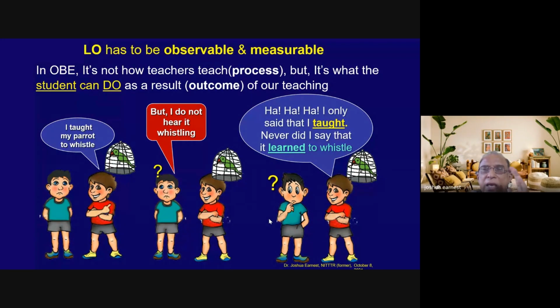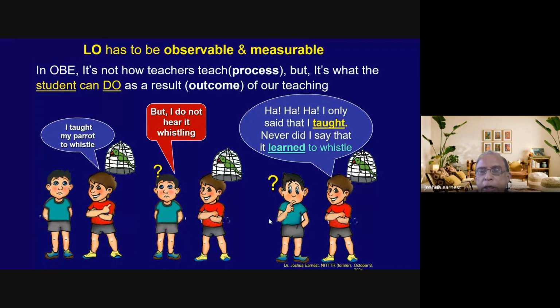Okay, and every LO has to be observable and measurable. So when the parrot whistles, you can hear, so you can measure. Anything taking place inside the head is not an outcome.